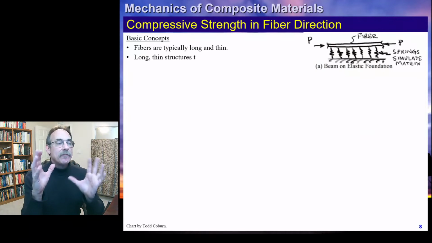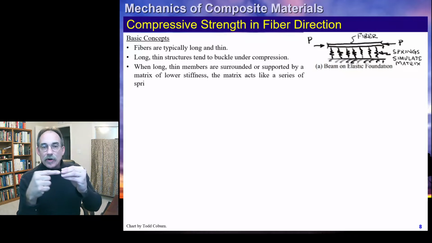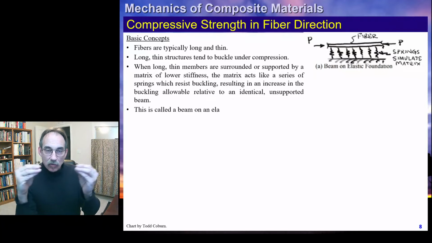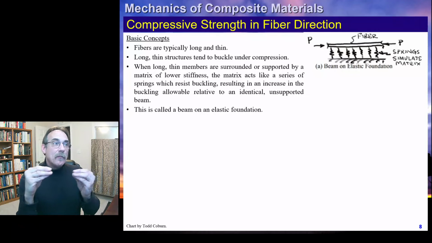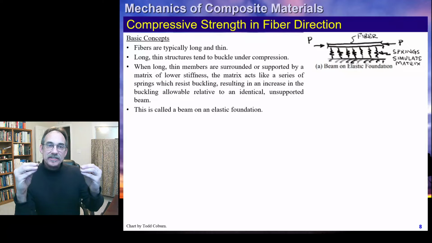So let's start thinking about stability. When we think about these fibers, if you ever pushed on a fiber, you know they're trying to buckle because they're thin. So there's a buckling allowable here, but because they're embedded in this matrix, it's like being in a bunch of springs. We call that a beam on elastic foundation.